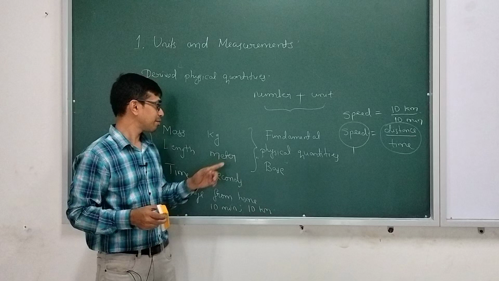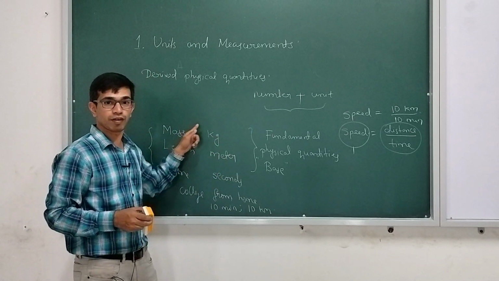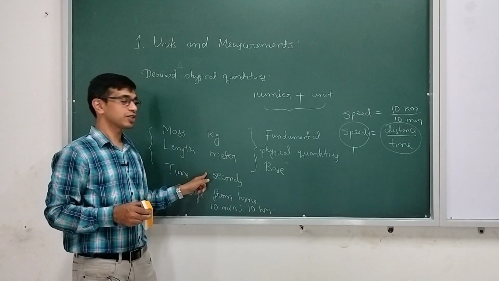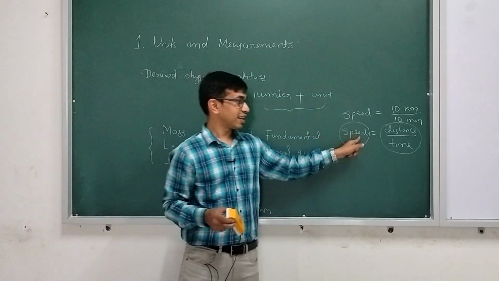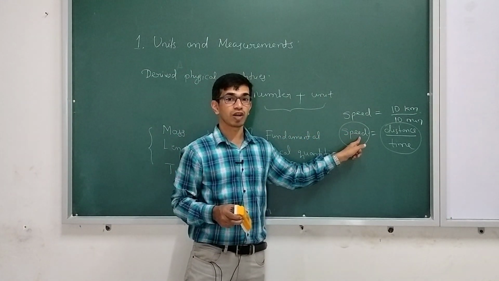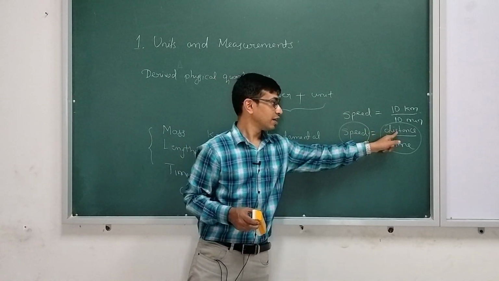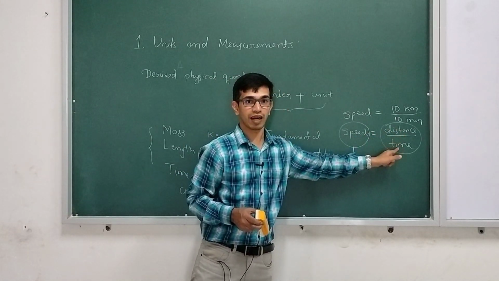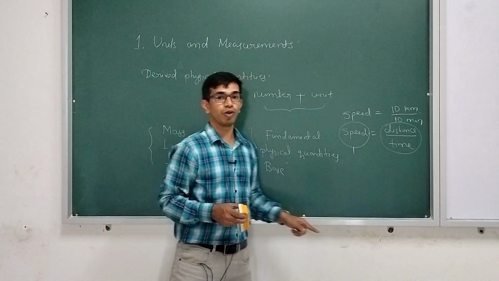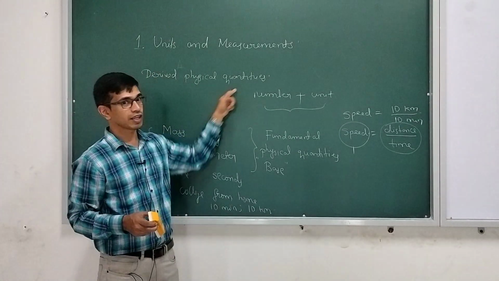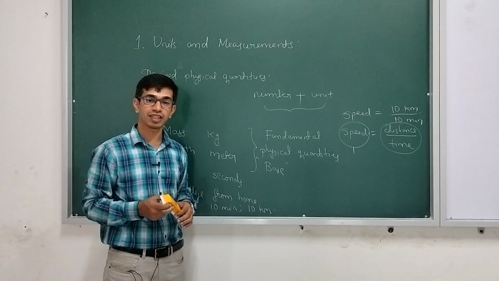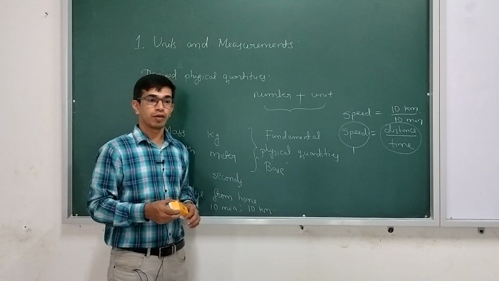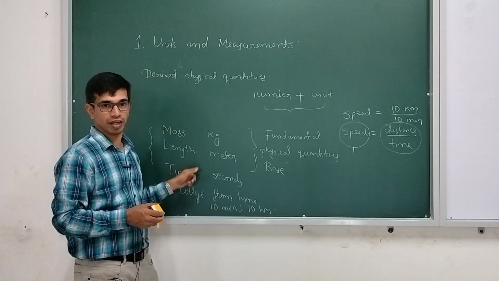As we are discussing mechanics, we often use three fundamental physical quantities, which are mass, length and time. Speed is an example of a derived physical quantity which is derived from length and time.